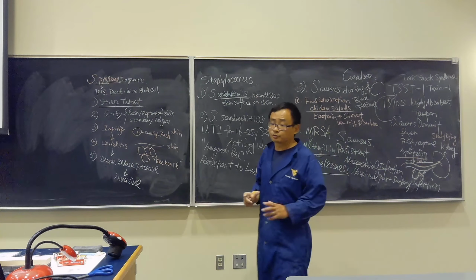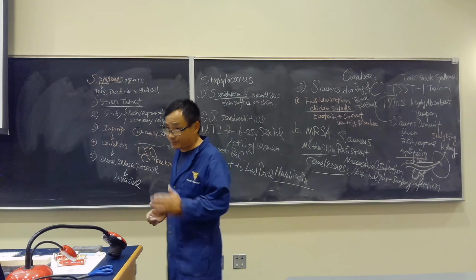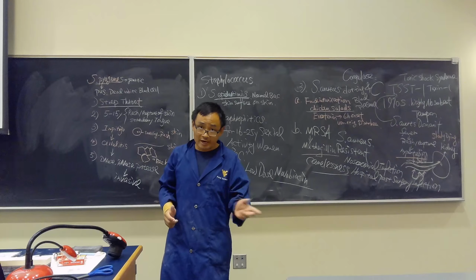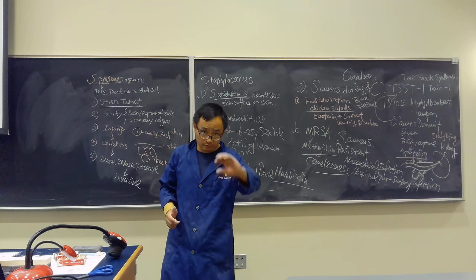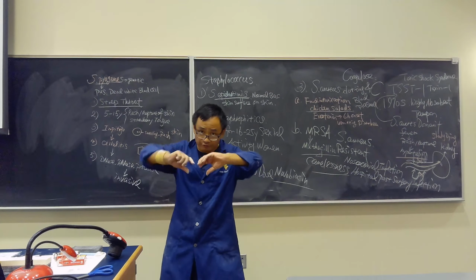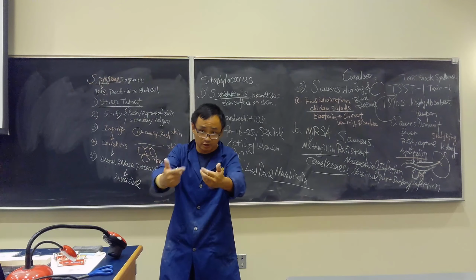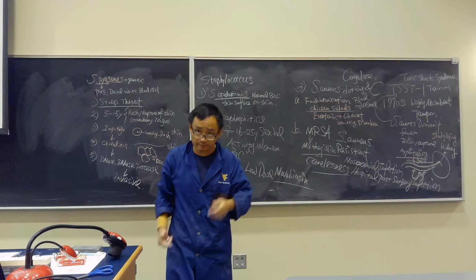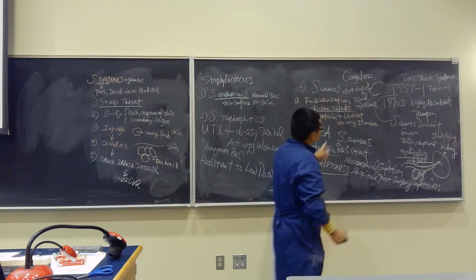And how we do the research: you use rabbit blood serum, you add the Staphylococcus aureus there, and 4 hours later, you flip it over. It's completely glued. The liquid will not fall down because of the coagulase.